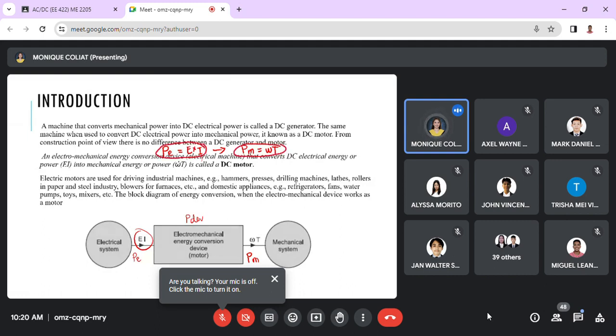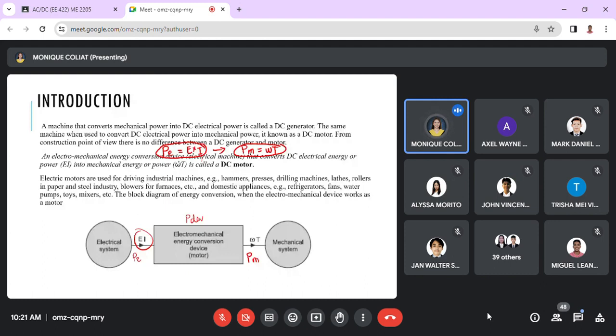Electric motors are used for driving industrial machines, for example, hammers, presses, drilling machines, lathes, rollers in paper and steel industry, blowers for furnaces, etc., and domestic appliances, say for example, refrigerators, fans, water pumps, toys, mixer, etc. And this is the block diagram of energy conversion when the electromechanical device works as a motor.